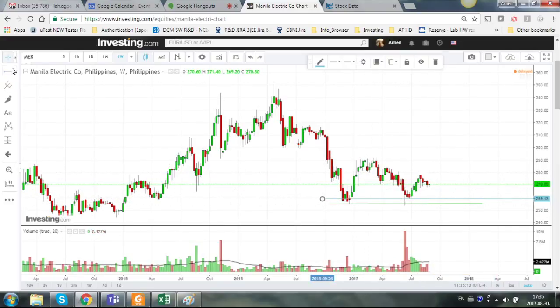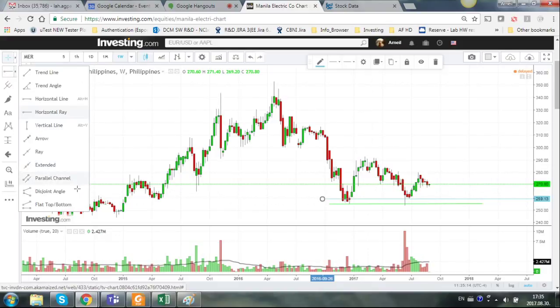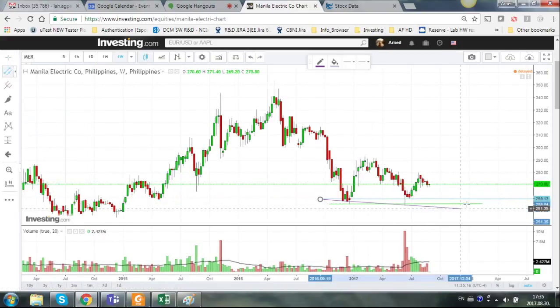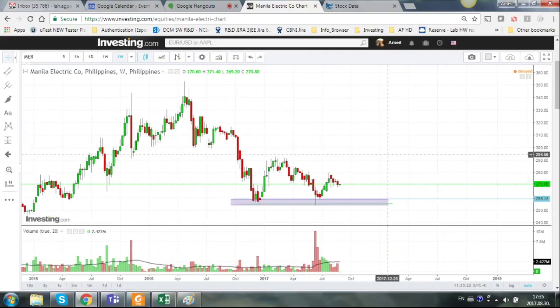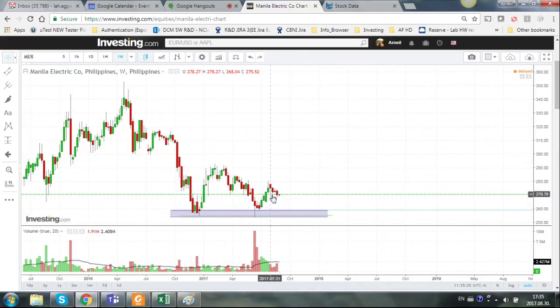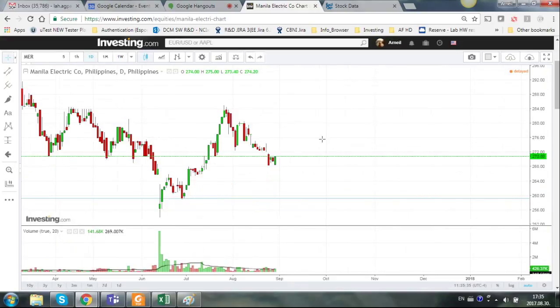So mayroon tayong buying range dito. There and there, that's our buying range. So knowing that buying range, the current price is still far away from the buying range. So pwede nating antayin yan na bumaba, or look at 1 day.